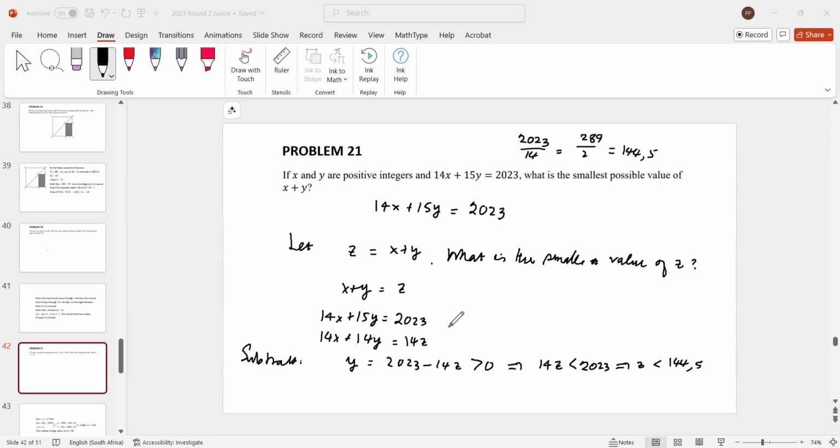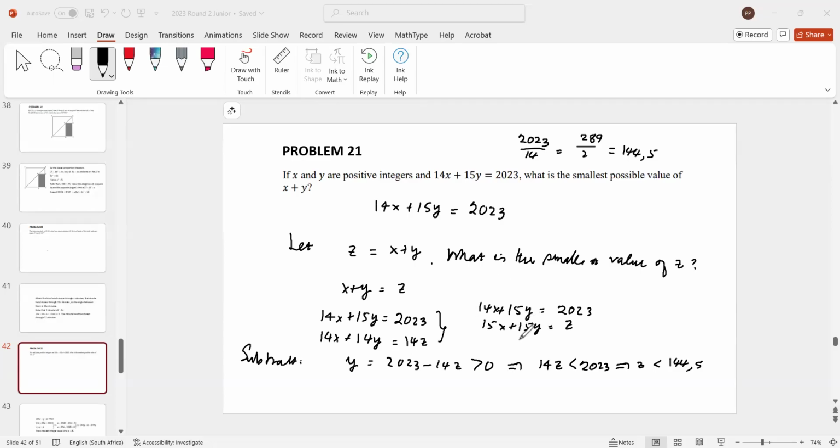All right. Now, in the same way, instead of multiplying by 14, we could have written 14x plus 15y equals 2023 and multiplied by 15. Multiply z by 15. And this time, you can solve for x.